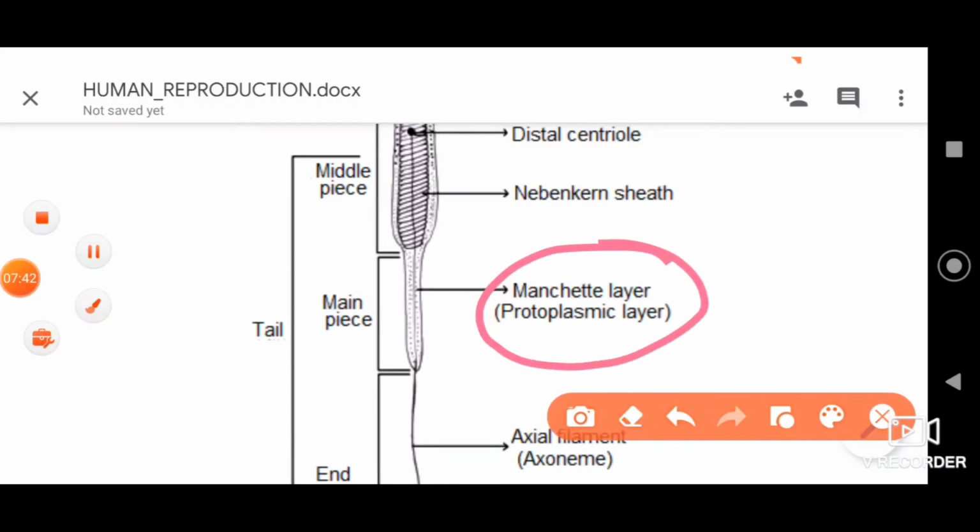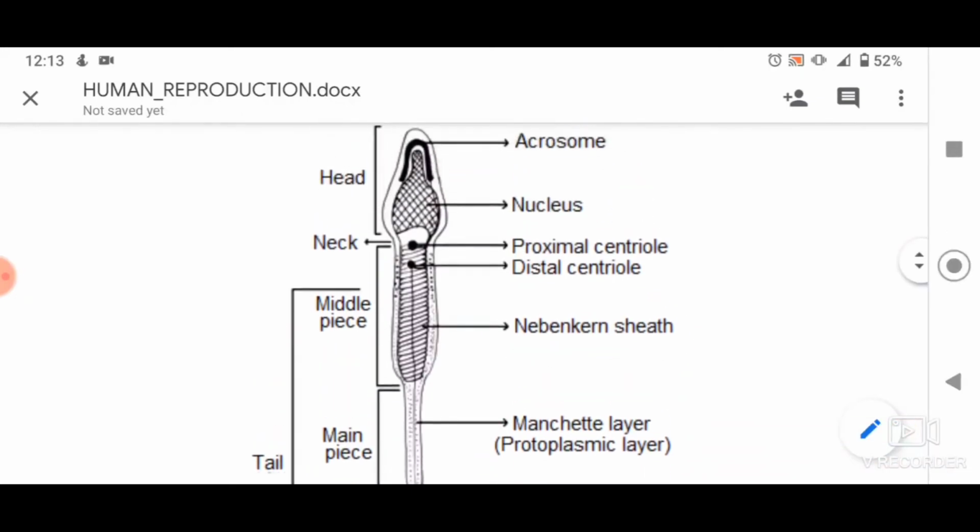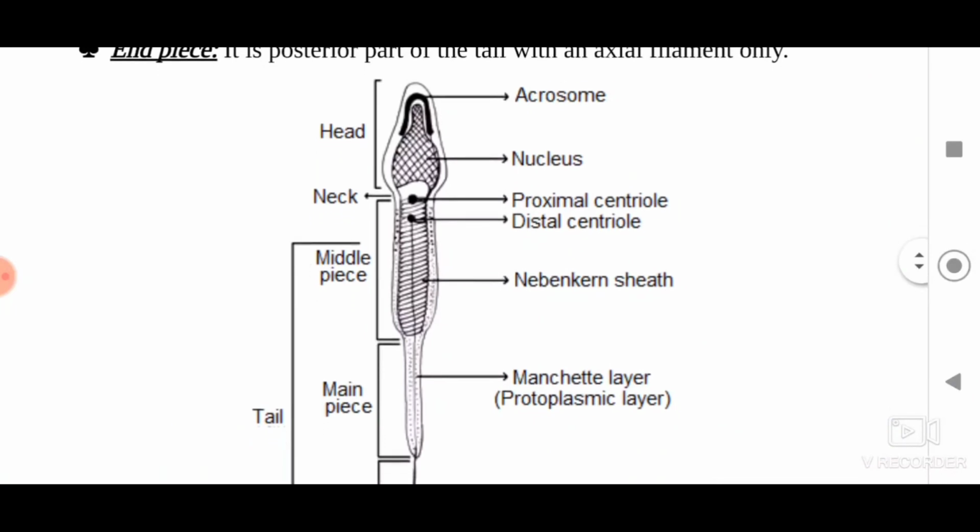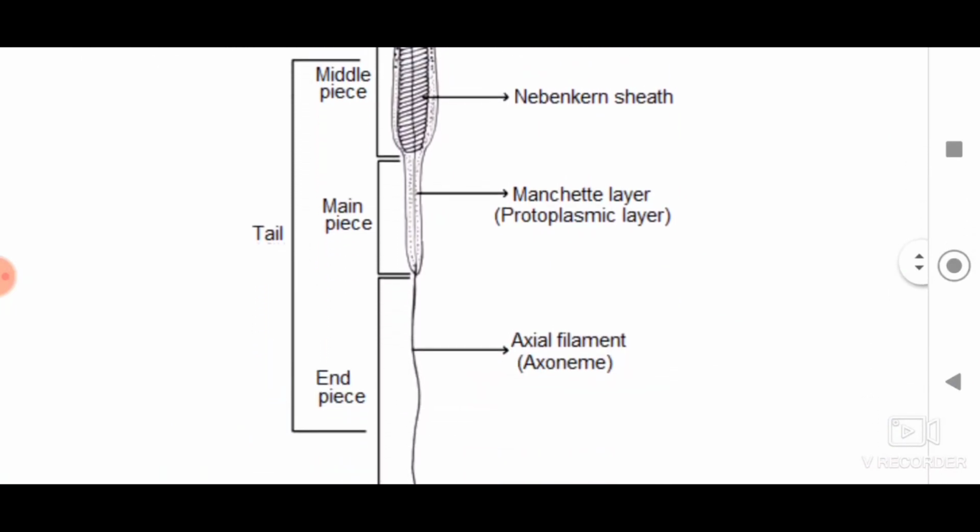Covering the head, neck, middle piece and tail, we have the protoplasmic layer, which can also be referred to as the cytoplasmic layer or manchette layer. So remember this point with respect to the sperm. Finally, my dear friends, you see the sperm now. From the outside it is covered by the manchette or the protoplasmic layer.